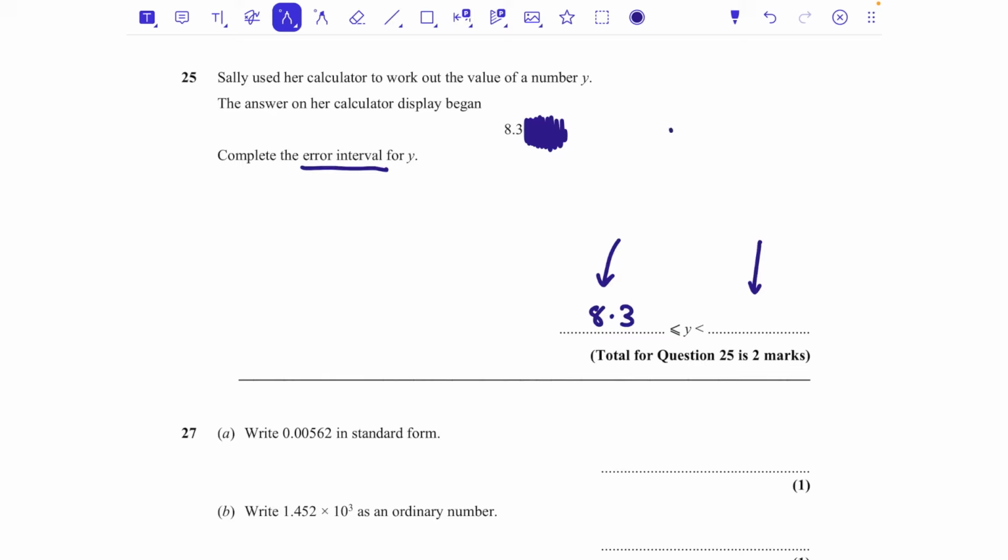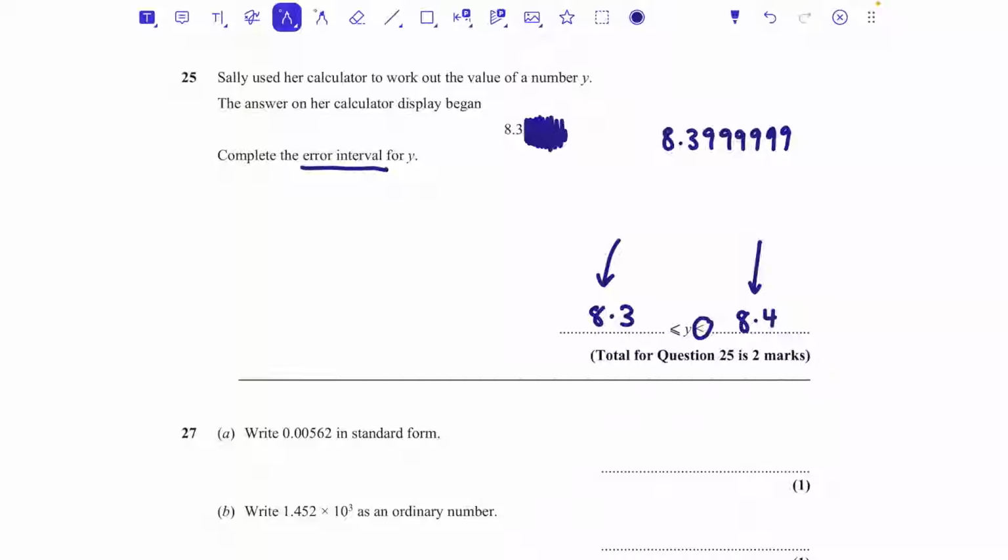And the biggest it could be is 8.3999999. So 9 recurring. That is the absolute biggest it could be. But because 9 recurring is so infinitely close, it's basically 8.4, we just say it's 8.4, and that's why at this top end it's not equal to.